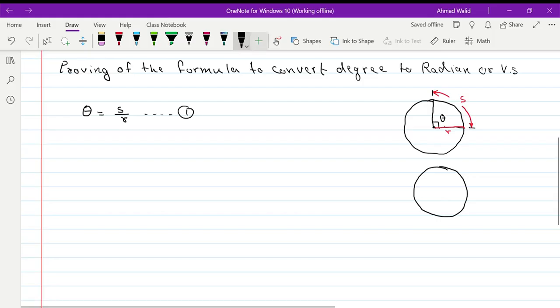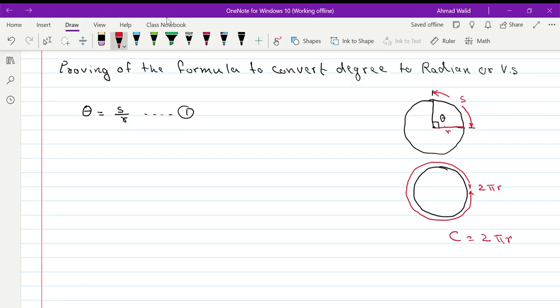It means the length of the circle starting from this point all the way coming back to this point, right? It's 2 pi r. We know it from geometry, which is the circumference of a circle. C equals 2 pi r, right?